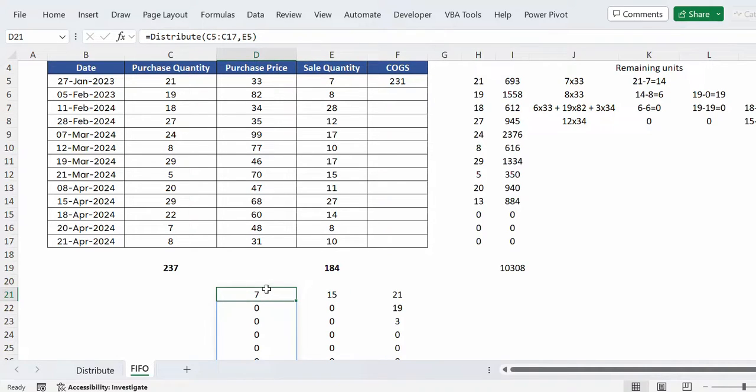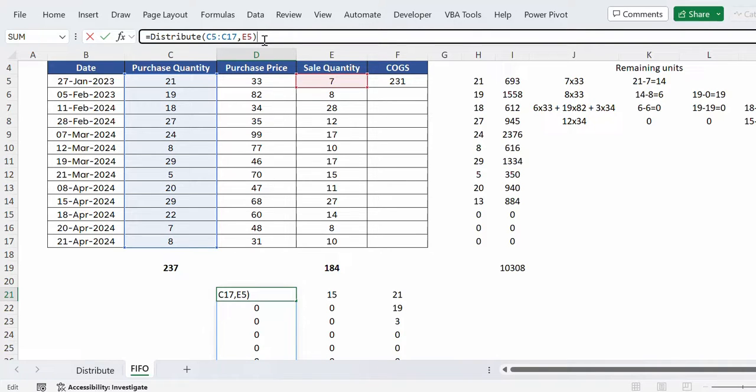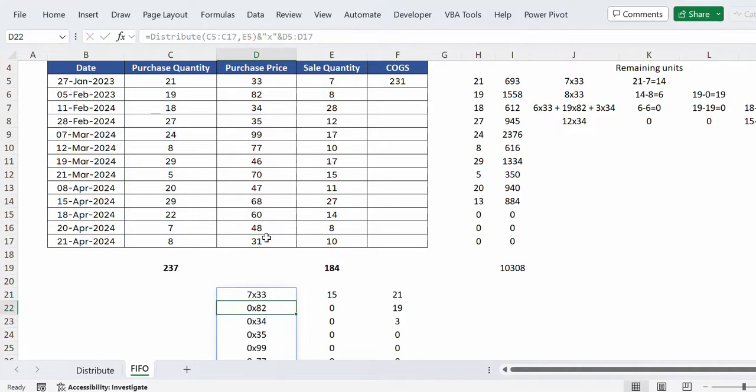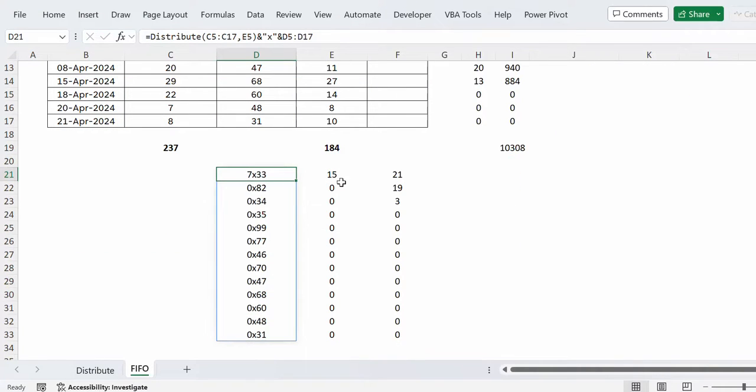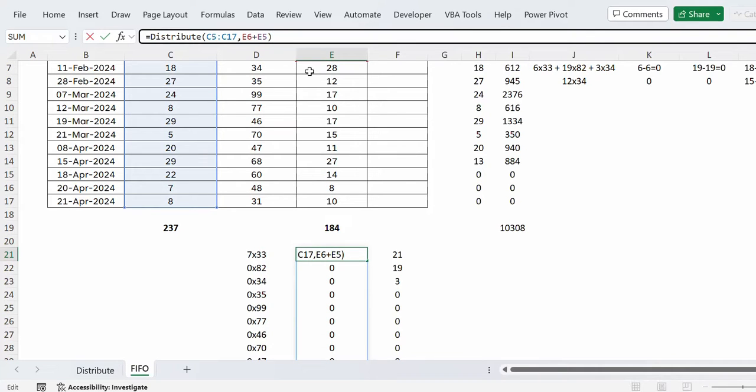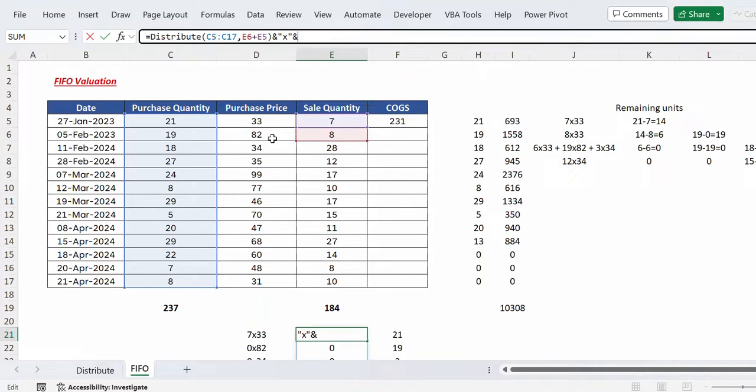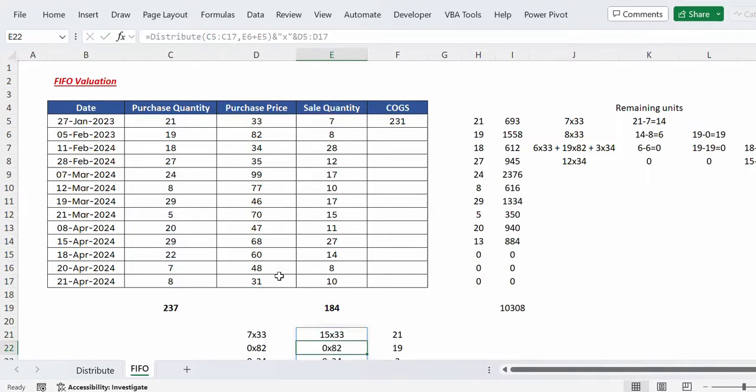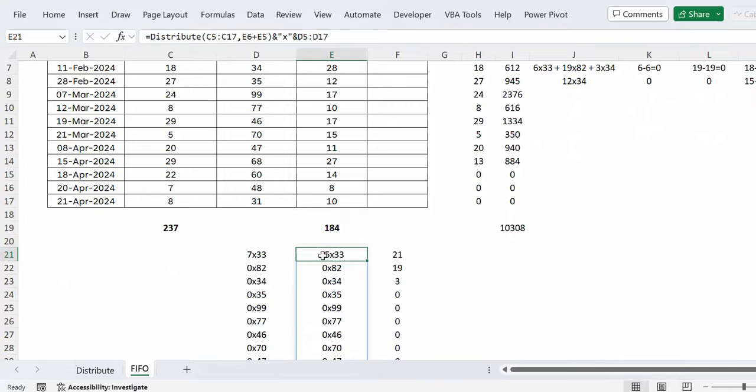And if we try to do the valuation as well, so let's say we multiply with this purchase price. So if we see here, what we are getting is 7 into 33, and let's say again we do the same thing here, and what we are getting is 15 into 33, right? So from this 15 into 33, if we subtract 7 into 33, what we will get?